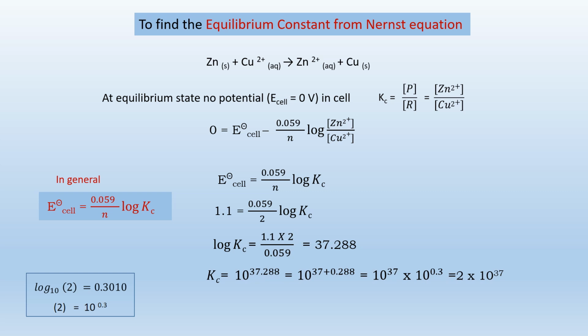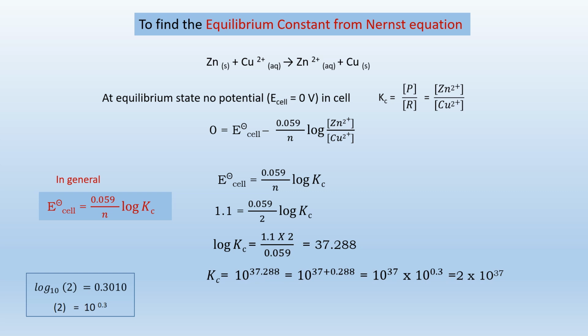In that equilibrium state, you can calculate the equilibrium constant. Equilibrium constant Kc value can be determined by product concentration to the reactant concentration. So, if the reaction becomes at equilibrium state, the zinc ion concentration will not vary, copper ion concentration will not vary, hence it will be equal to the Kc value.